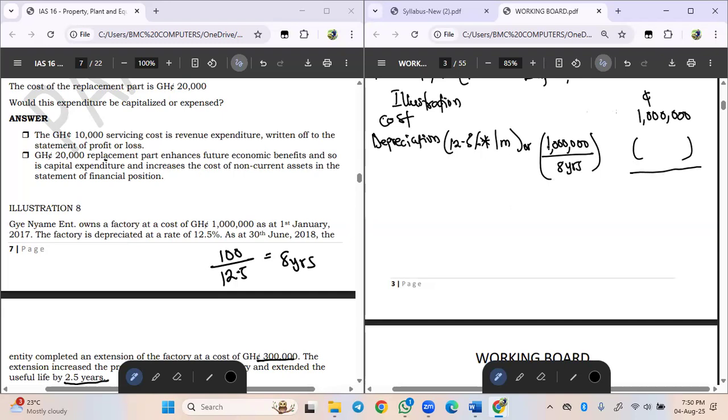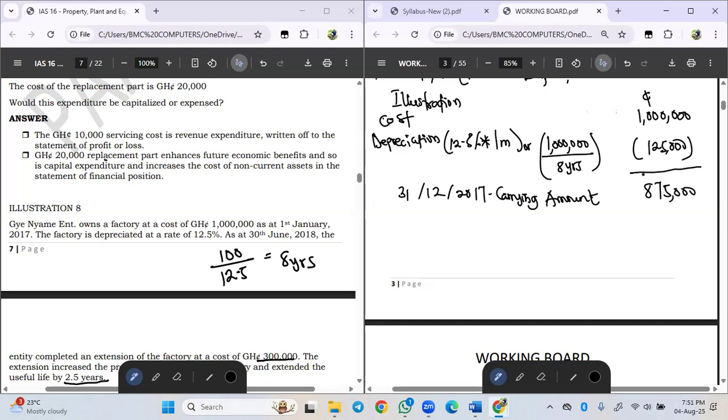One can use this formula, one also can use this one. 125,000. So what will be the carrying amount as at 31st December 2017? The carrying amount will be what? 875.